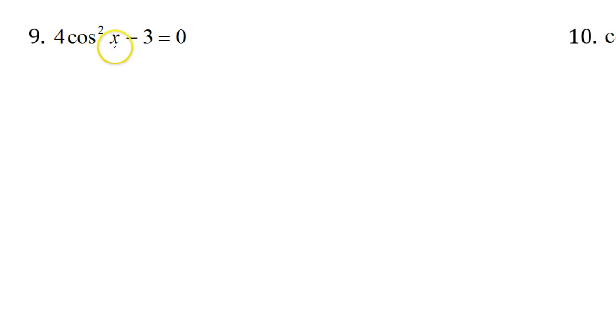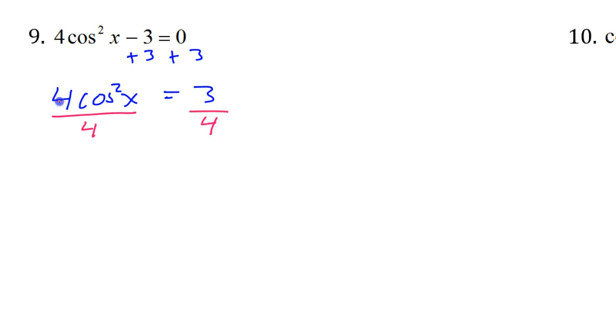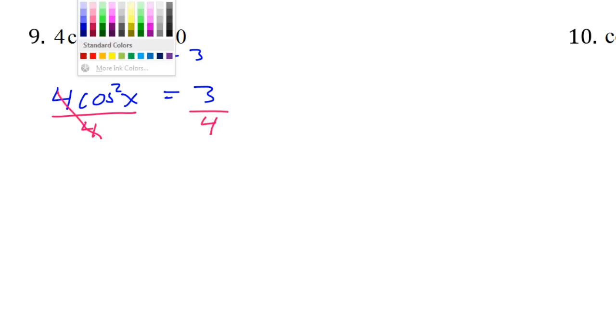All right, number 9. First, we need to get cosine squared x by itself. So let's add 3 to both sides. So that's going to give me 4 cosine squared x is equal to 3. To get cosine squared x by itself, now it's time to divide both sides by 4. So let's do that. 4's cancel out.